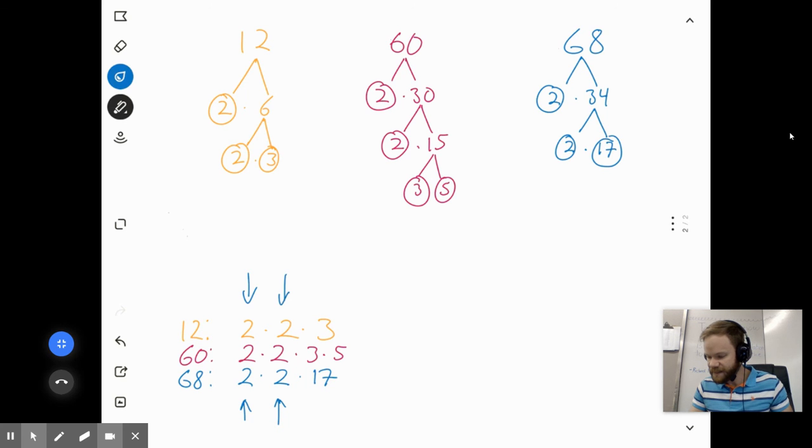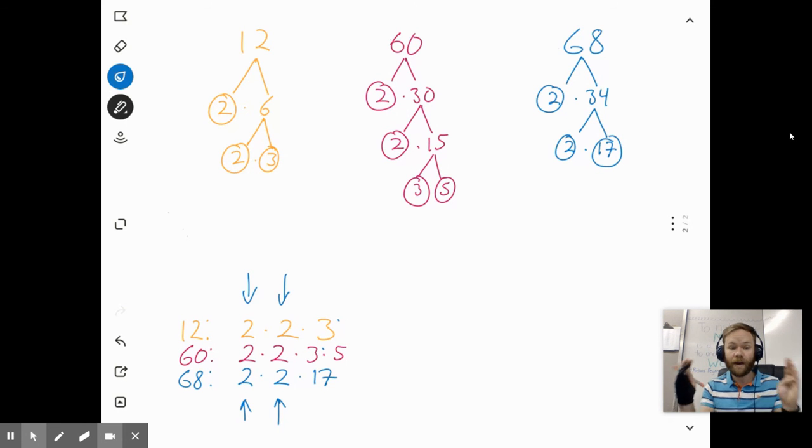12 and 60, they share 3, but 68 does not. So if we're looking for the greatest common factor of 12, 60, and 68, we can't look at 3. 5 is only in 60's row, and 17 is only in 68.